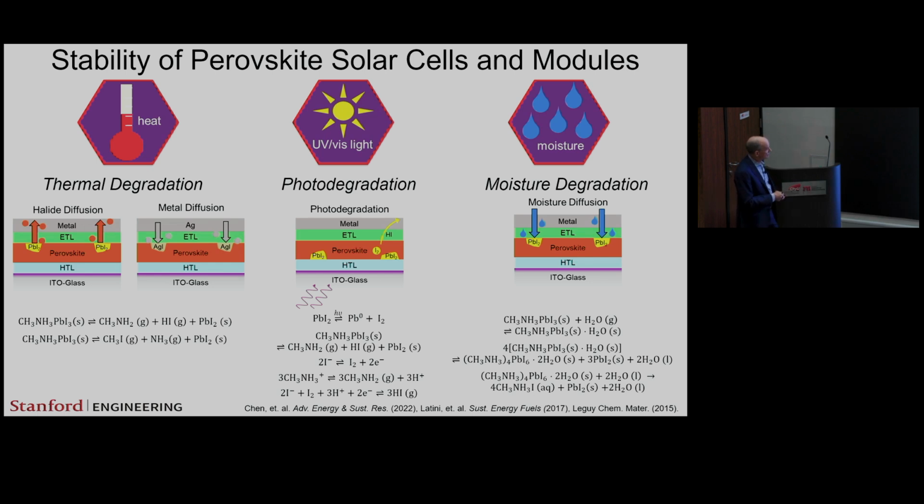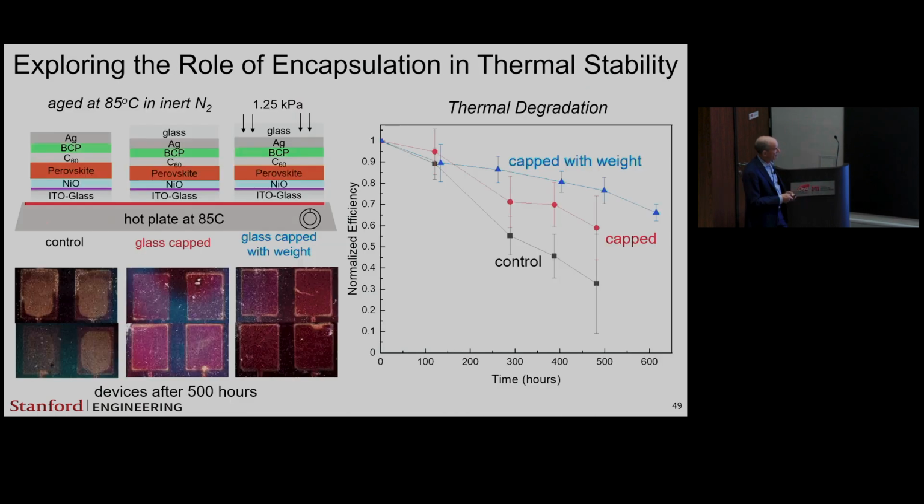But looking at the different mechanisms of degradation, we have been working, and this is, again, a big area. I'm not going to talk about everything. But one of the things that we found is that if you cap a perovskite cell, just put a piece of glass on it and measure the normalized efficiency as a function of time.